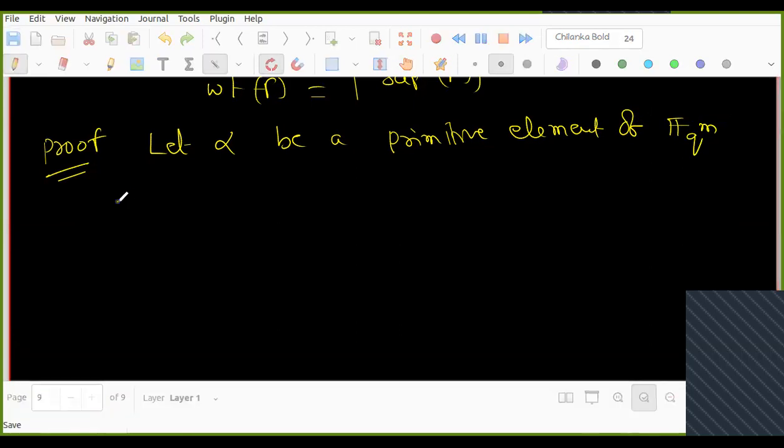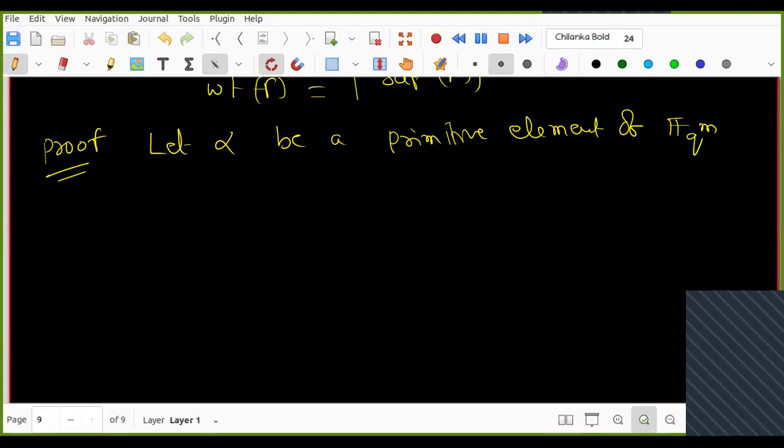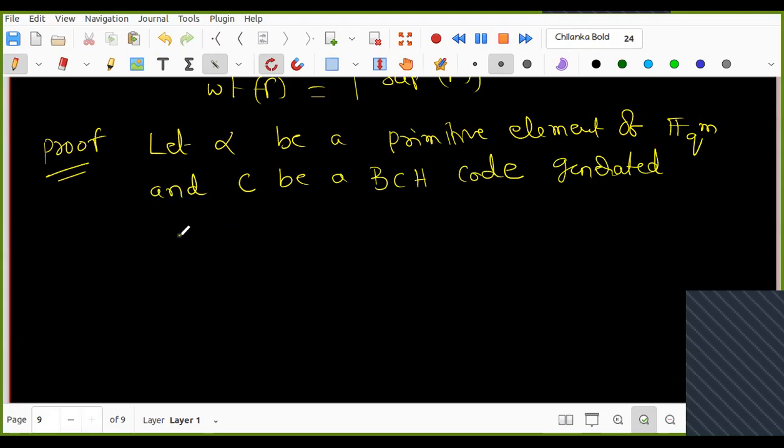Are all of you okay? Let C be a BCH code generated by g(x). You know that it is the LCM of the minimal polynomials. The designed distance is delta.